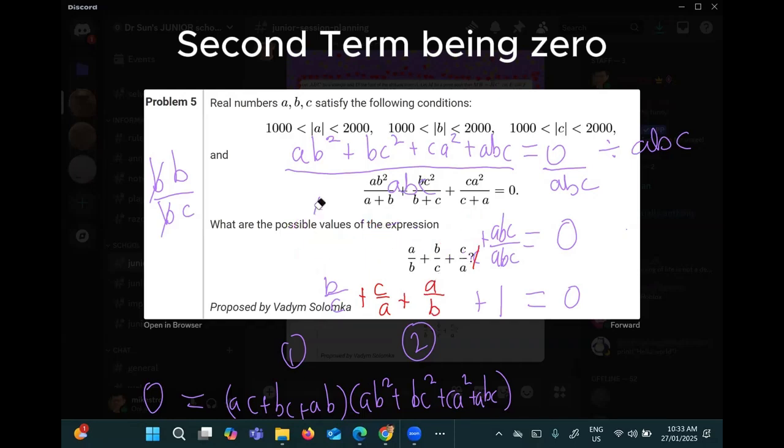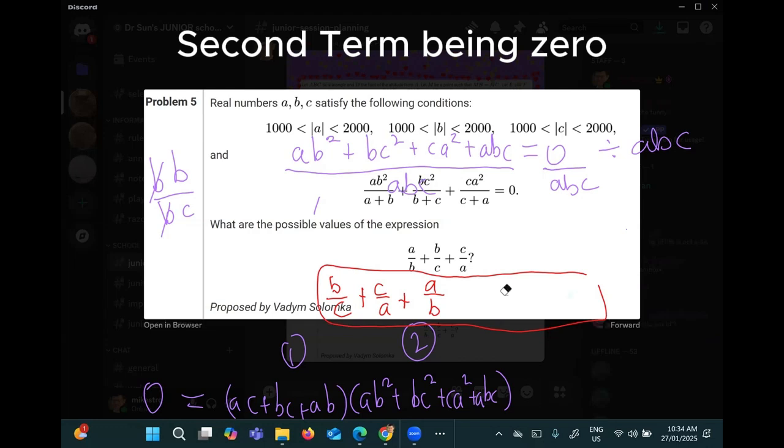So what do you notice about this now? That equals -1, right? And how's that relevant to our question? That's what the question says. That's the same as this, yeah?